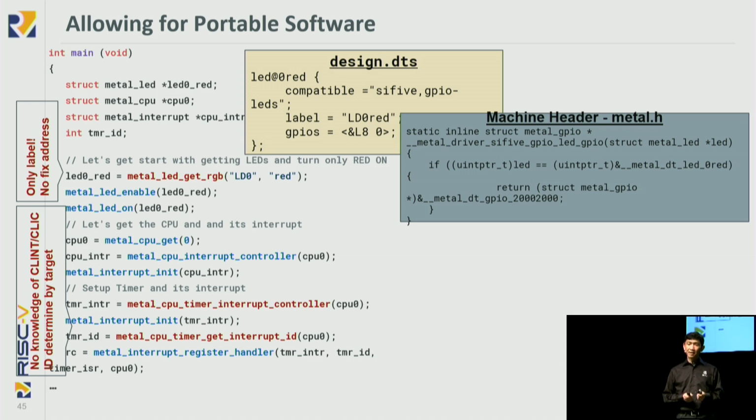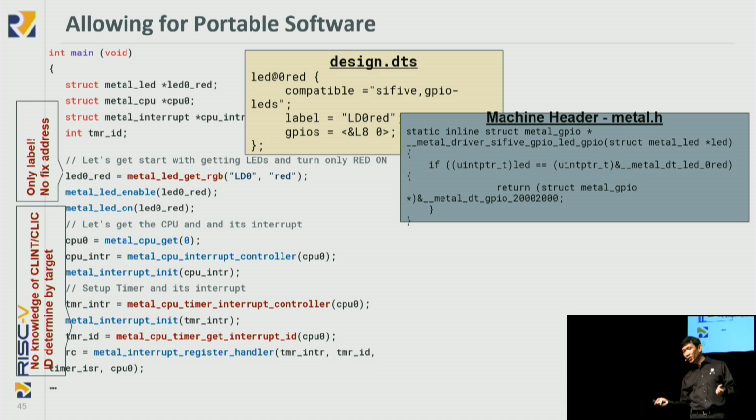And here is another example in regard to the timer interrupt as well. In this particular example, it simply wants to have access to the timer controller interrupt. Now, you're probably already aware that with RISC-V, there are 2 local interrupt controllers available. One is known as a CLINT, and the other one is a CLIC. Now, from an application perspective, it shouldn't need to know whether a particular hardware is a CLINT or a CLIC.